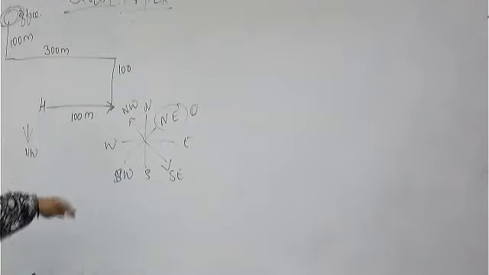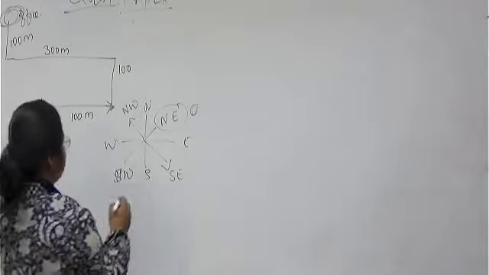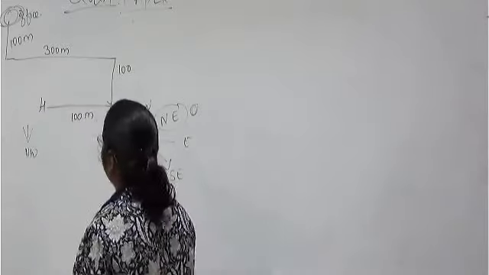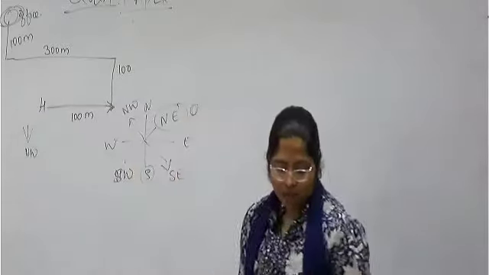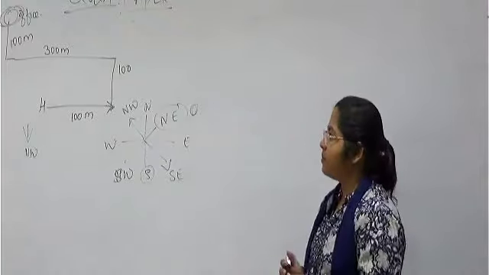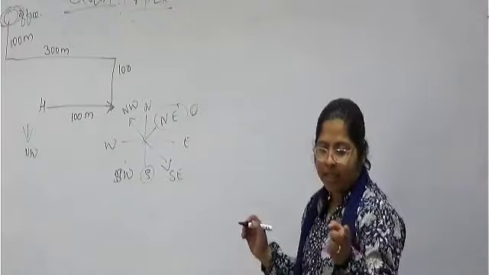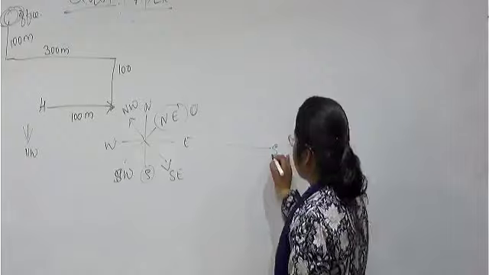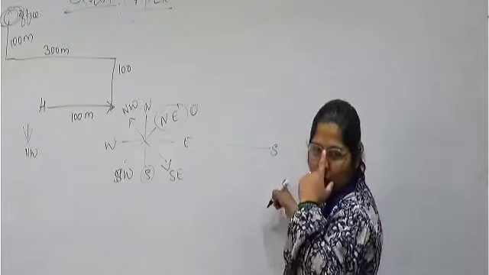This is where he is walking towards south. Southwest? No, only south. Yes. Not southwest, only south. Now I will make you understand. See, this is south. He was walking towards south.